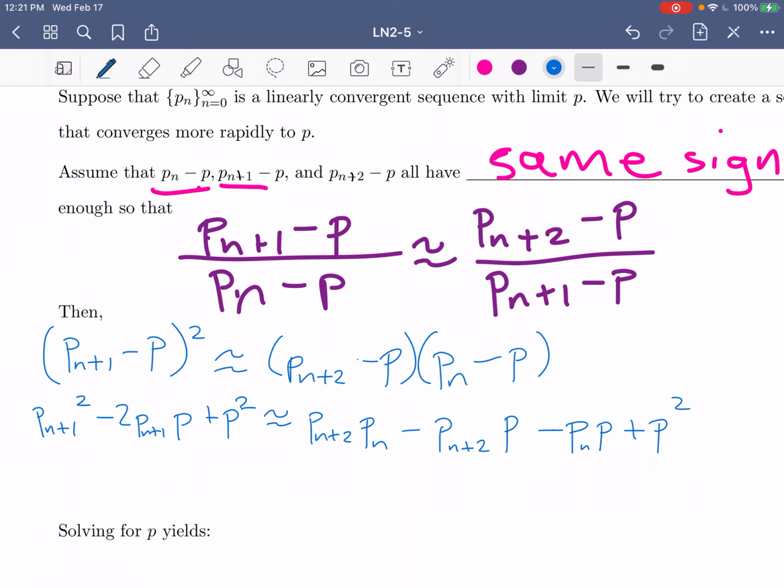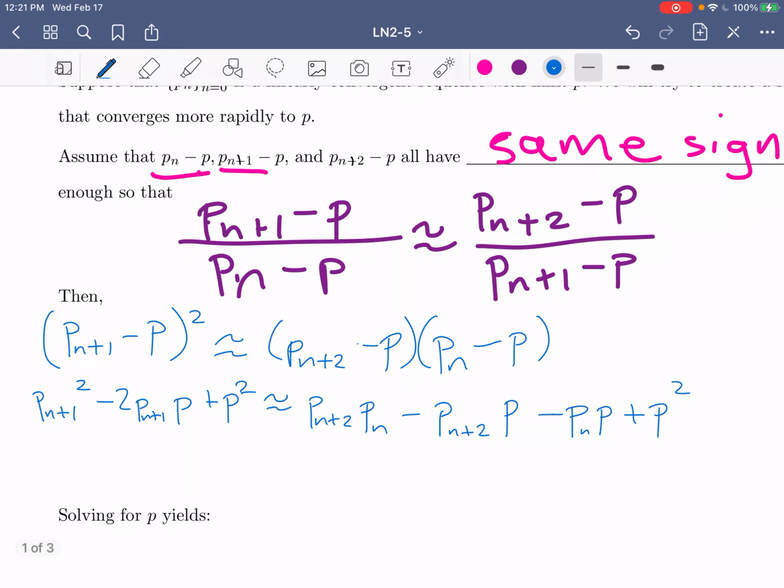We could subtract p squared from both sides, and we can move some other things around. Move anything that has the value of p over to one side, and everything else to the other side. And if we do that, we have p sub n plus 2 times p minus 2 p sub n plus 1 times p.